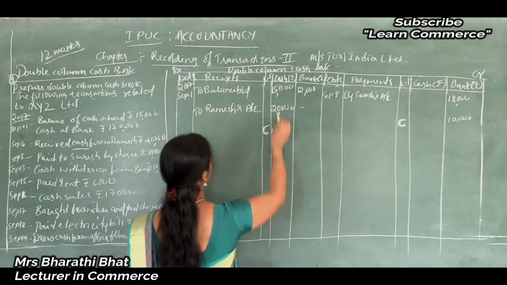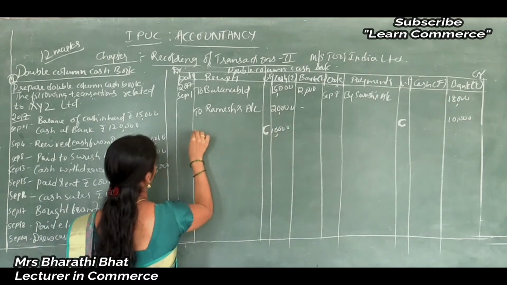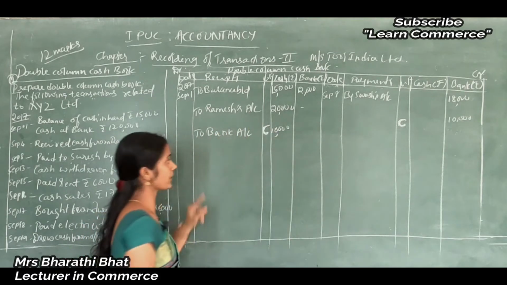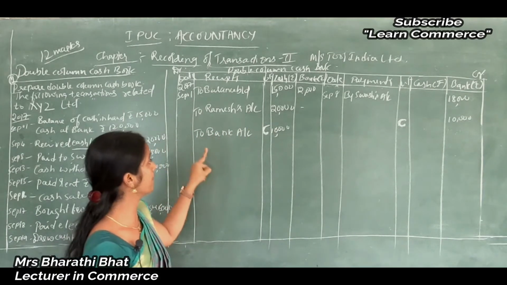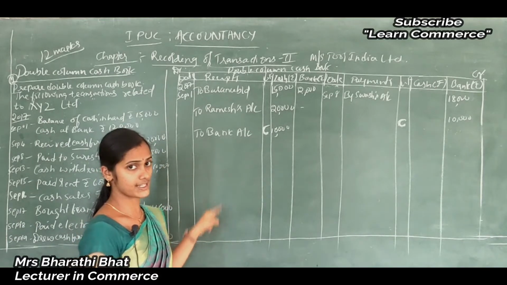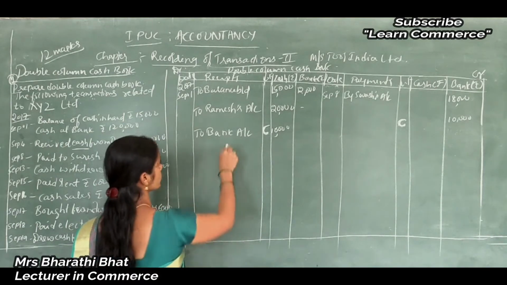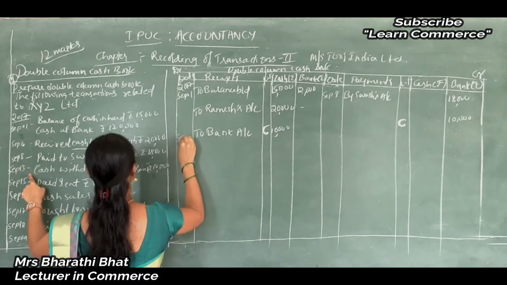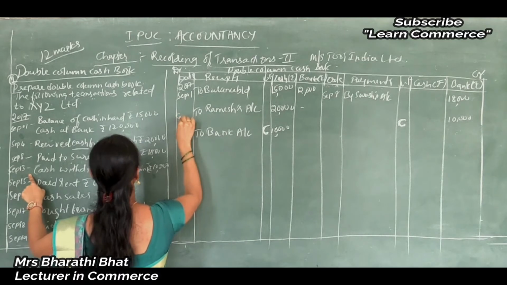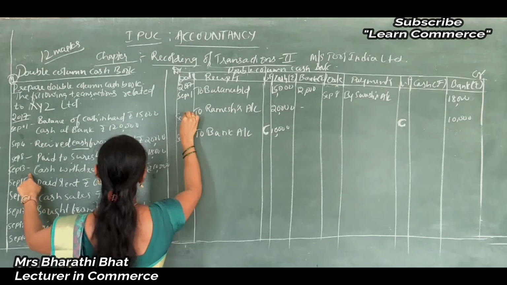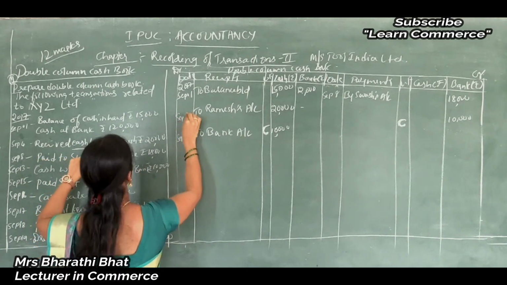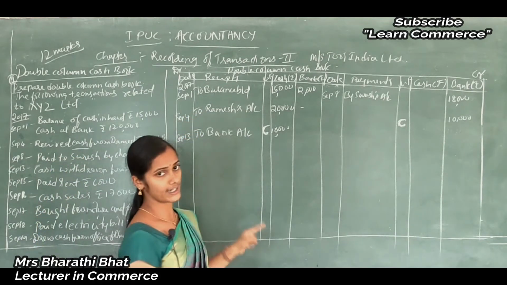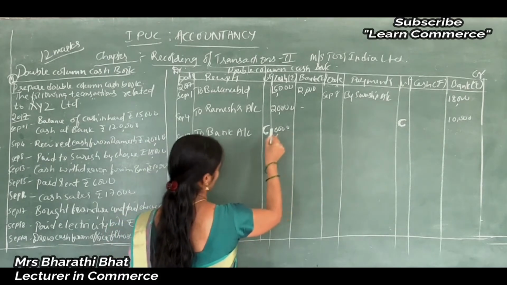So afterwards, cash you received from bank, correct, right? So to bank account. From where did you receive cash? From bank. Who is the giver? Bank is the giver. You are the receiver. So to bank account, write the date, cash withdrawn September 13. Before that, received check September 4. Next, September 13, cash withdrawn, to bank account because you are the receiver.